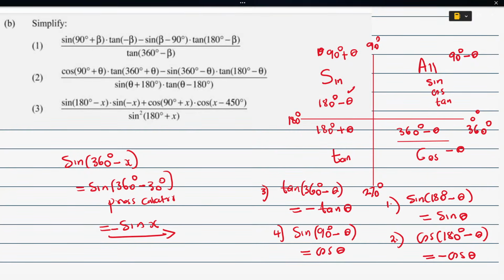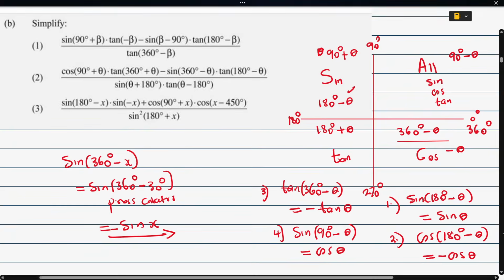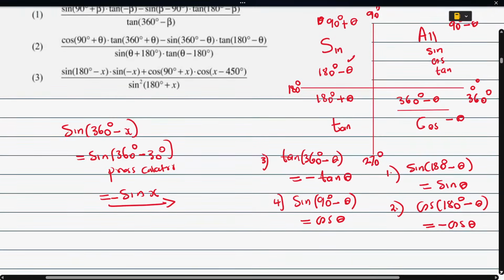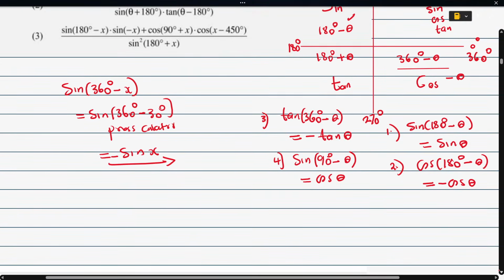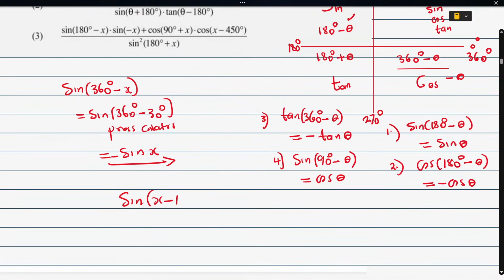Okay, dear learners, I think now we are moving somewhere. Can we go to the questions now? Oh, before we go to the questions, there are some negative angles. You will find sine x minus 180 degrees.